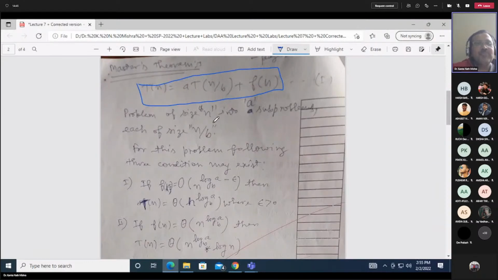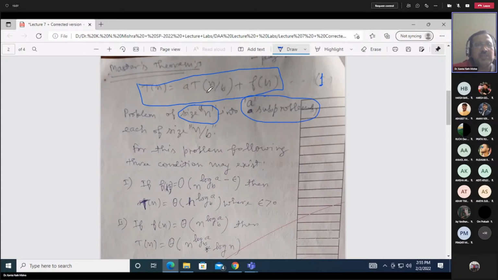So now you see, in this equation 1, what we are trying to do, we are trying to divide a problem of size n into A subproblems.